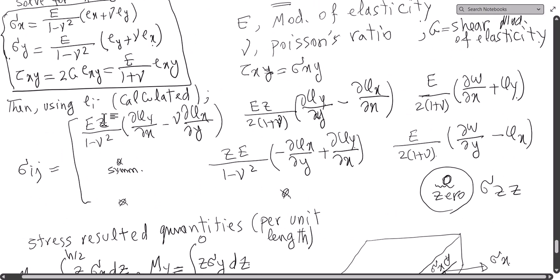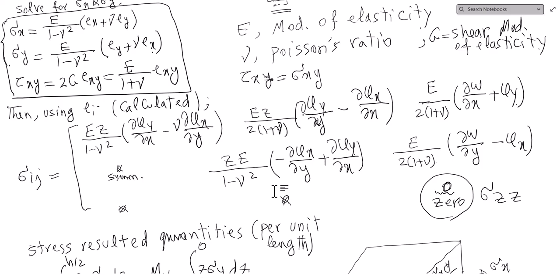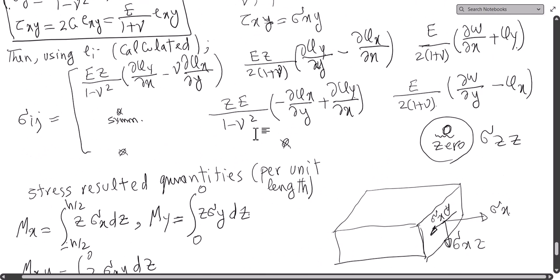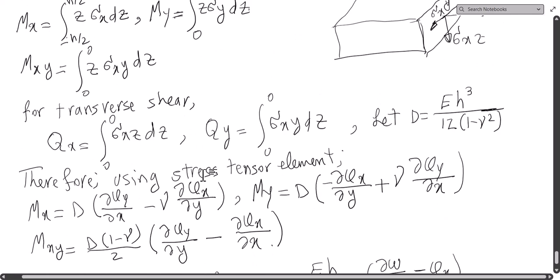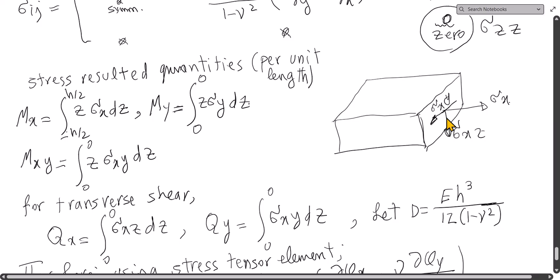I use one index for the normal stresses. So this is sigma x or sigma xx, if you like, sigma y or sigma yy, and sigma z or sigma zz. These are calculated with the same limits of the integral. And for the in-plane shear, which is sigma xy, I use the same multiplied by z. So why multiply by z?